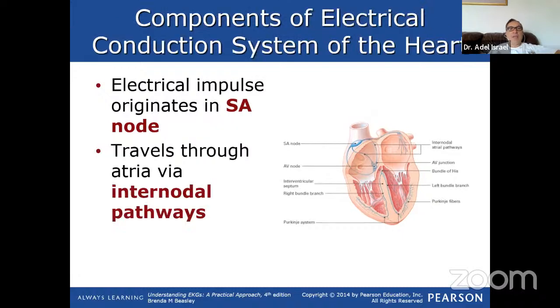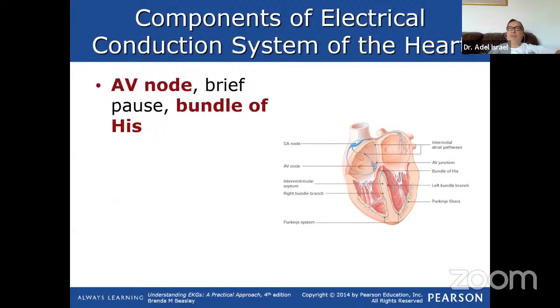And we have here the pathway, like we mentioned before, from the SA node. It will go through the internodal pathway, as I told you, going to both atria, then it reaches the AV node. This is why we call it the internodal pathway. Then we have the AV node, and we learned together where the AV node is located, and after that we get the bundle of His, and we are familiar that the bundle of His is located in the interventricular septum.